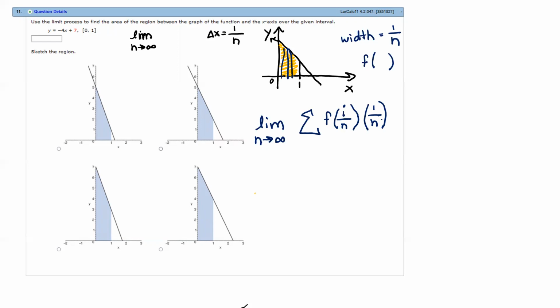We have height times width, and we're taking an infinite sum of those, from i equals 1 to n. Then we want to start substituting into our function. So this becomes the limit as n goes to infinity of the sum from i equals 1 to n.